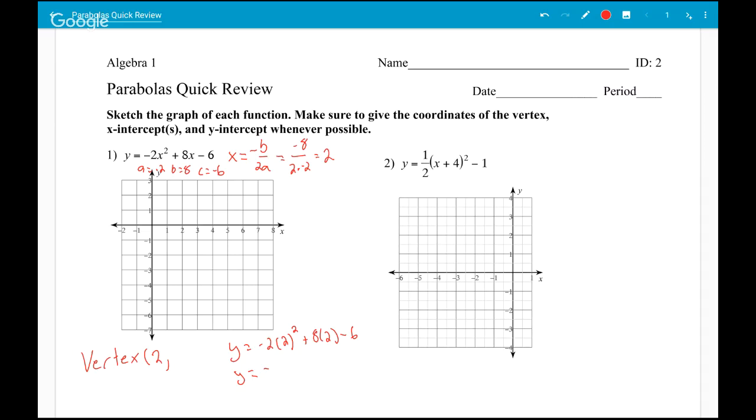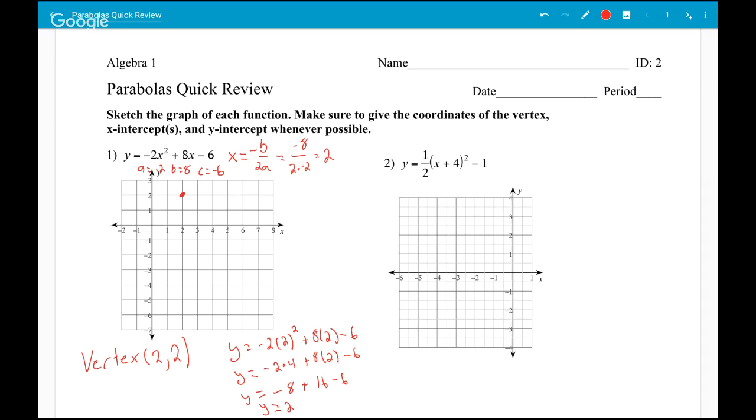And you're definitely welcome to have a calculator help you here. Wouldn't be the worst thing in the entire world. Then your multiplication. So negative 8 plus 16 minus 6. And I get y equals 2 as well. So my vertex is at 2, 2.